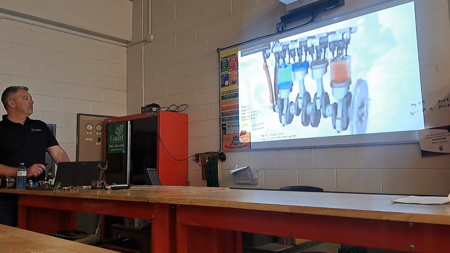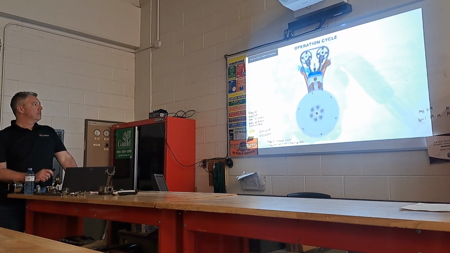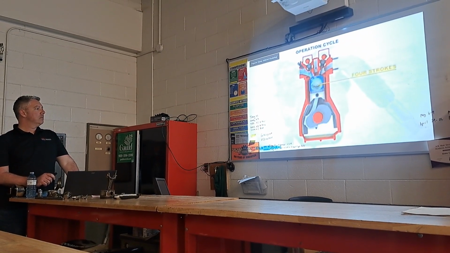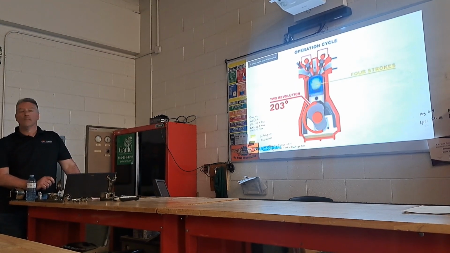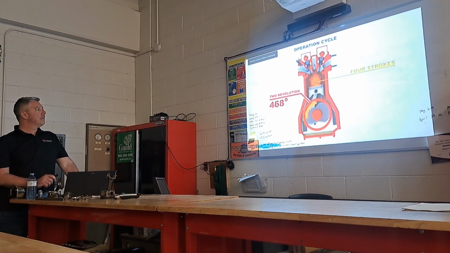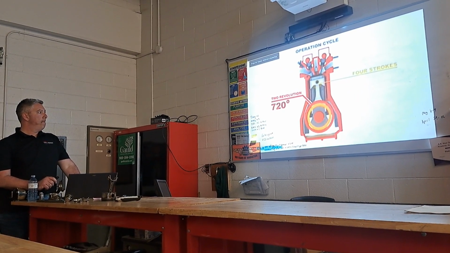For the sake of simplicity, we will only review the operation of one cylinder. The engine's operation cycle consists of 4 strokes, or 2 crankshaft revolutions. The 4-stroke cycle is then repeated.